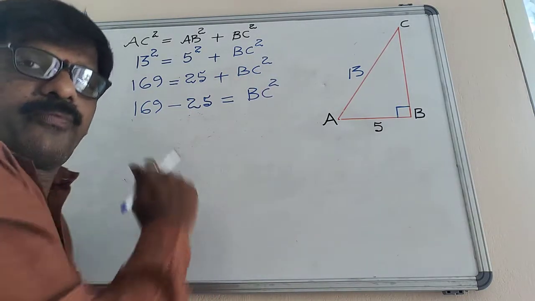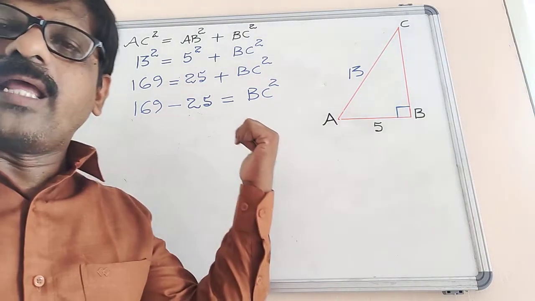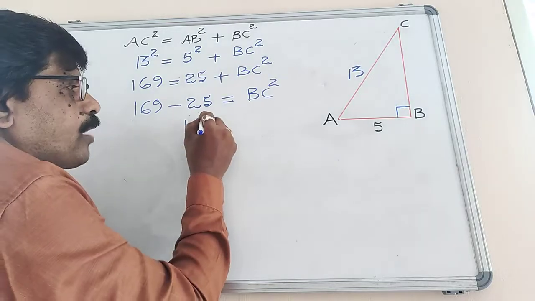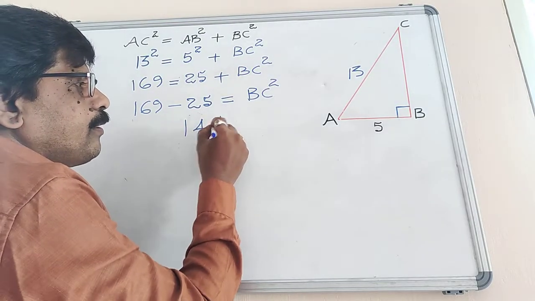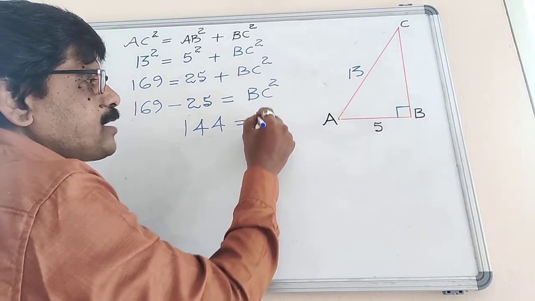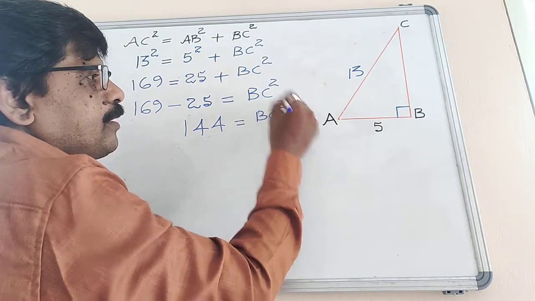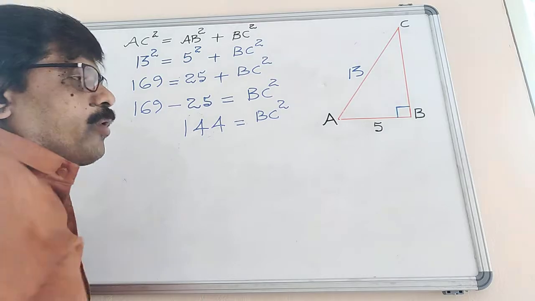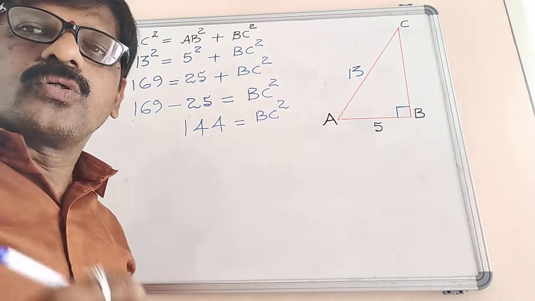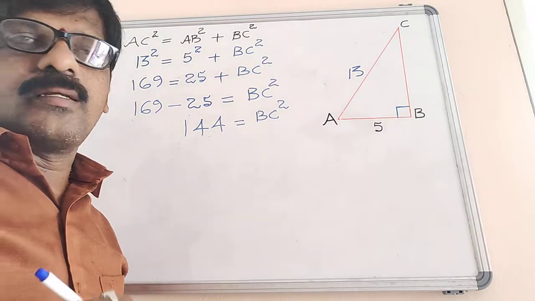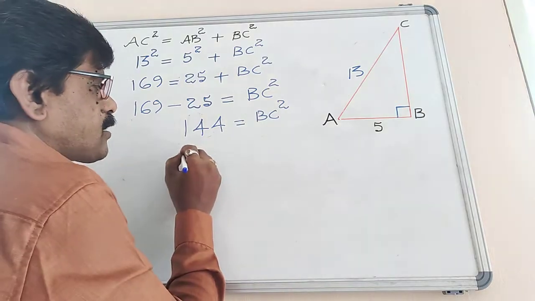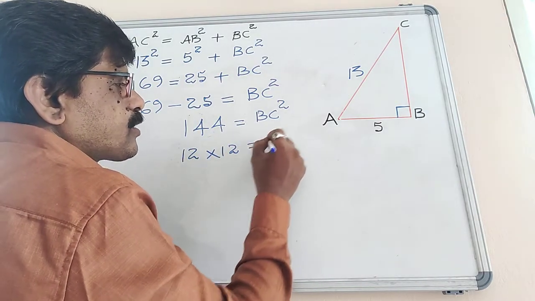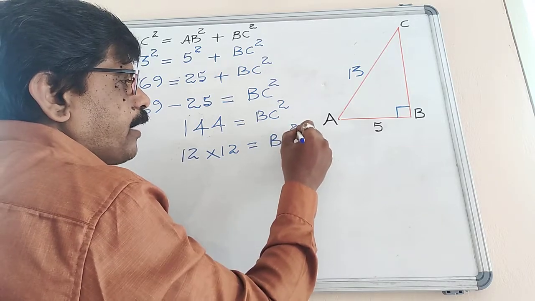Now the value of 169 minus 25 is 144, which equals BC square. Now 144 can be written as two equal factors, 12 12s.